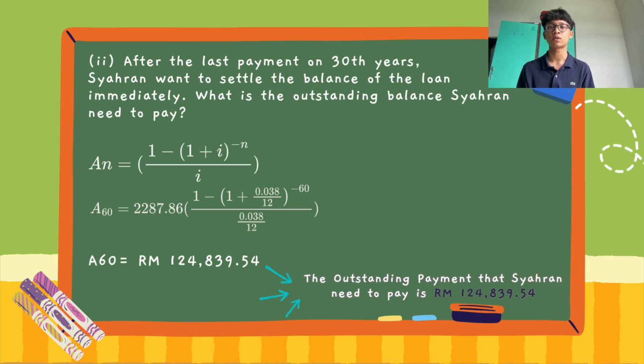A60 equals 2,287.86 in bracket 1 minus open bracket 1 plus 0.038 per 12 close bracket power of negative 60, divided by 0.038 per 12. So the outstanding payment that Shahran needs to pay is RM124,839.54.